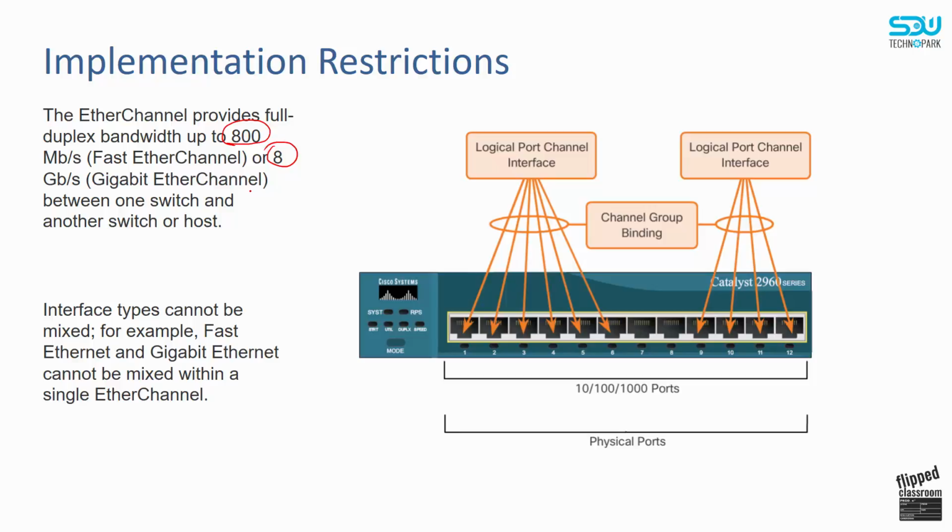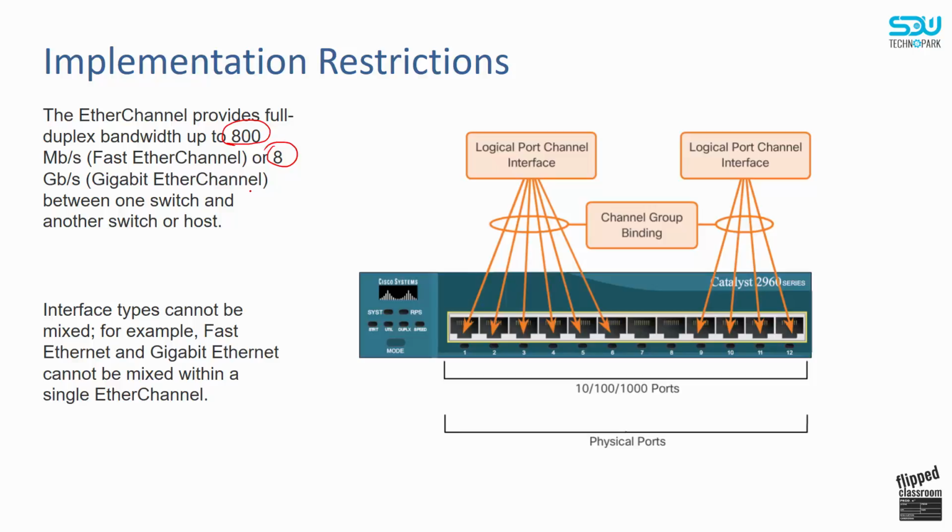By the way, when you are creating EtherChannel connectivity between your switches, you have to make sure that the group of ports doesn't mix different speeds and different protocols in use.